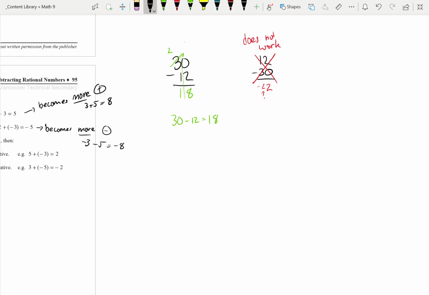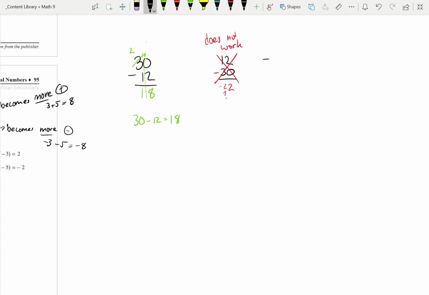Instead, think about it as negative 30 plus 12. They're going in the opposite direction. So I'm going to add 12 to 30, so they're going to go the opposite direction. So I'm going to treat this like a subtraction of negative 30, and I'm adding 12. So 0 plus 2, well, I have to bring this down, carry it, and I get an 8.